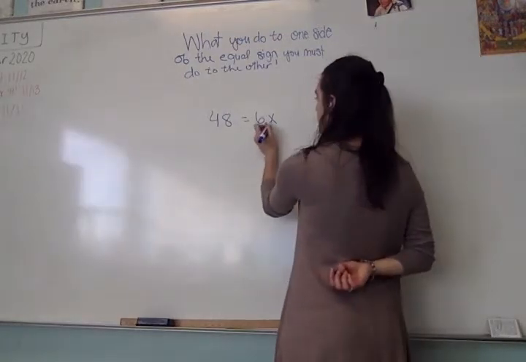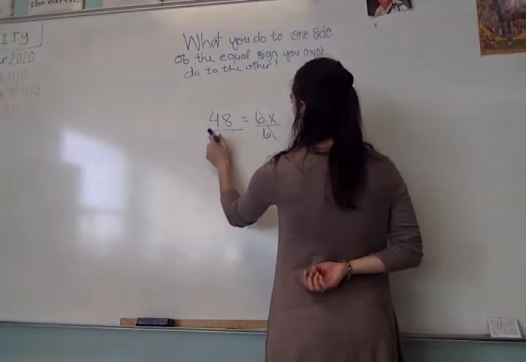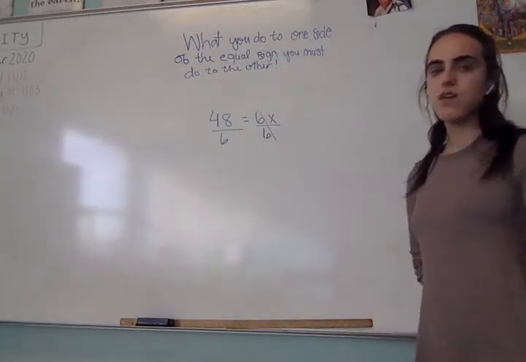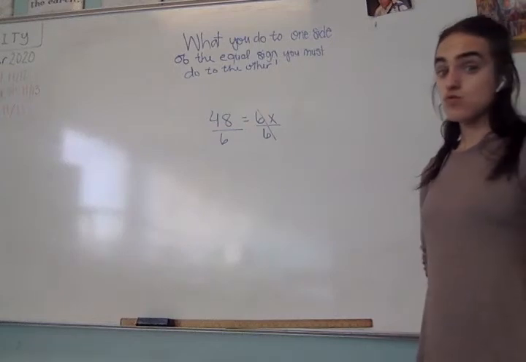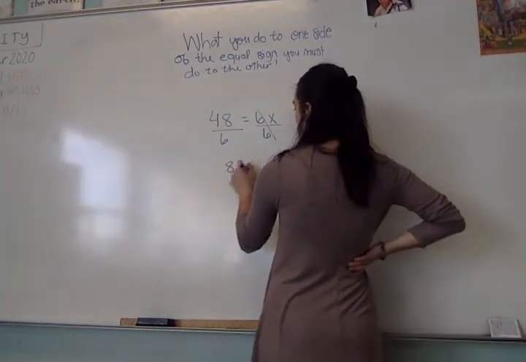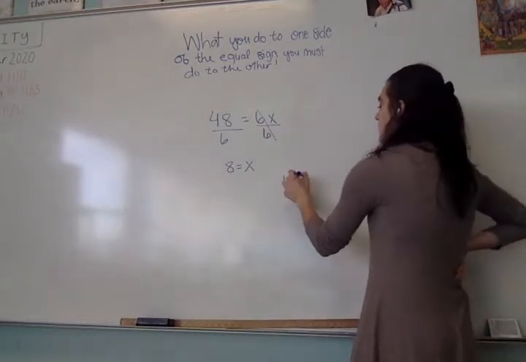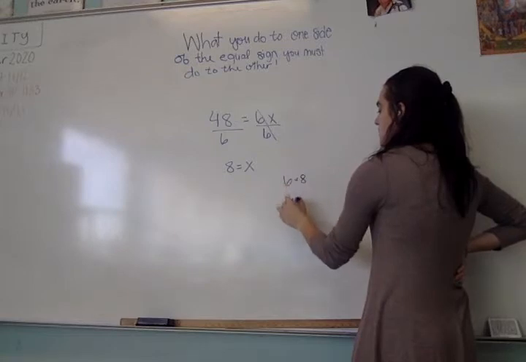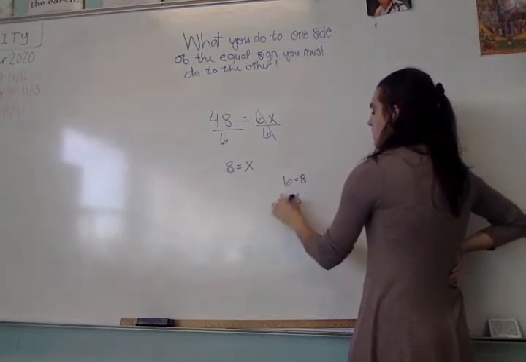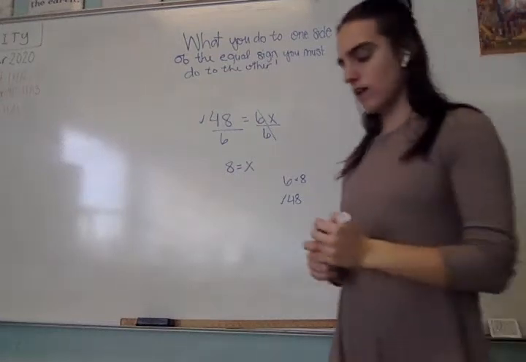We're multiplying, so we would divide. Let's divide. 48 divided by 6 is 8. 8 equals x. Okay, 6 times 8 is 48. Does this 48 equal that 48? Yup, looks like we got x right.